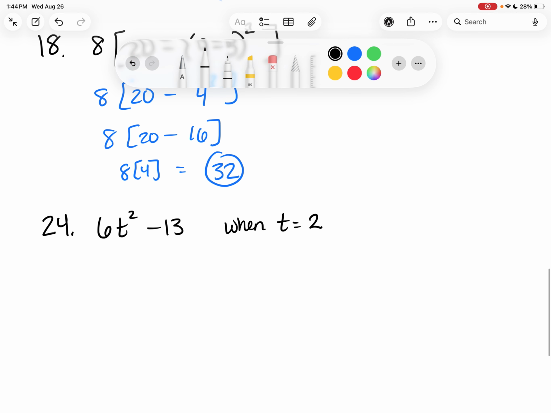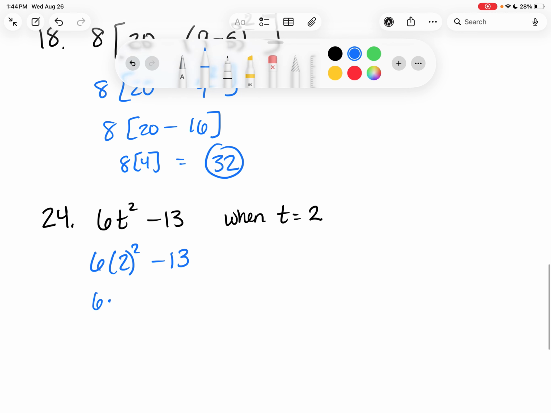So I'm going to plug in the 2 for t first. So I've got 6 times 2 squared minus 13. So I'm going to do the 2 squared first and get 4. So I've got 6 times 4 minus 13. 24 minus 13 gives us what? 11. Yep, 11.